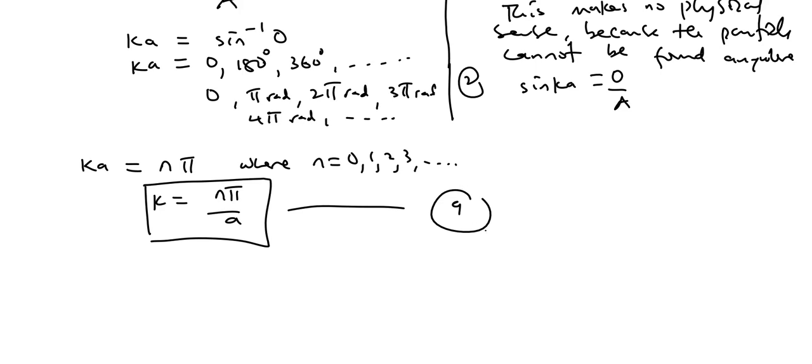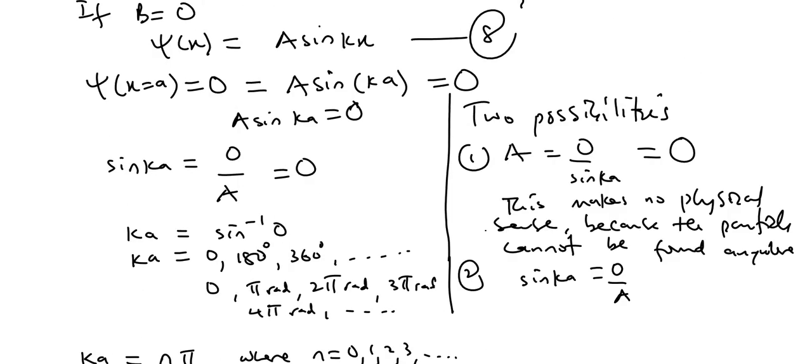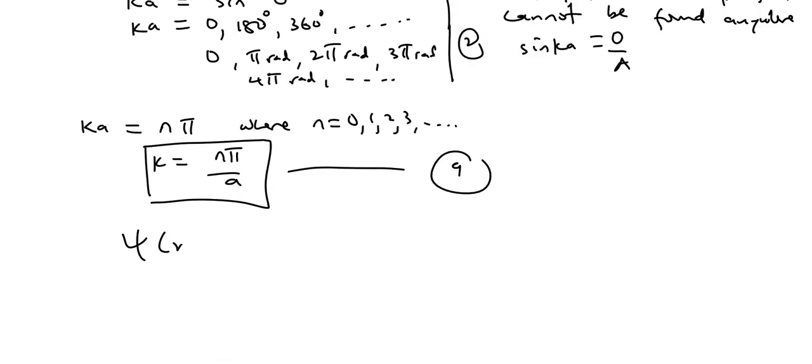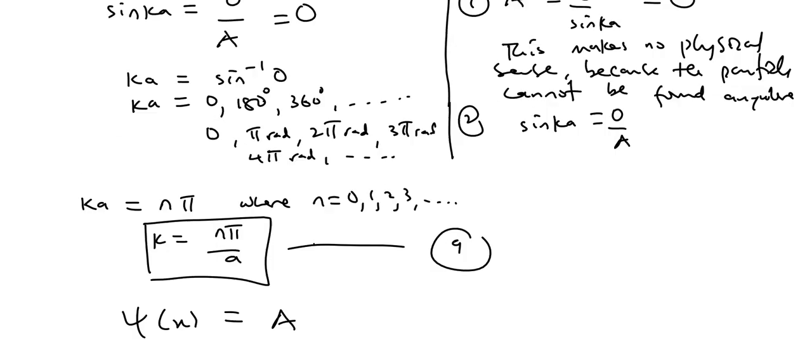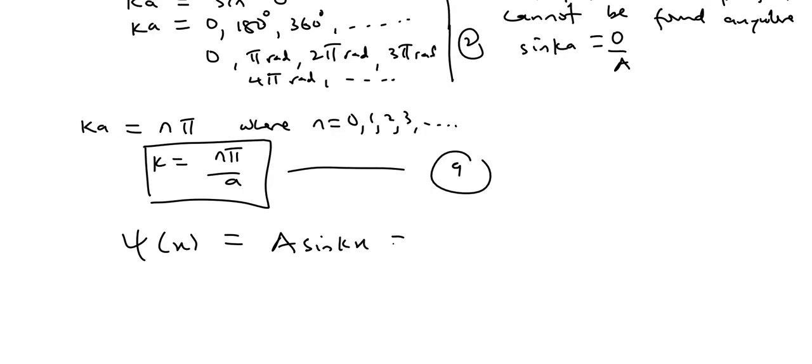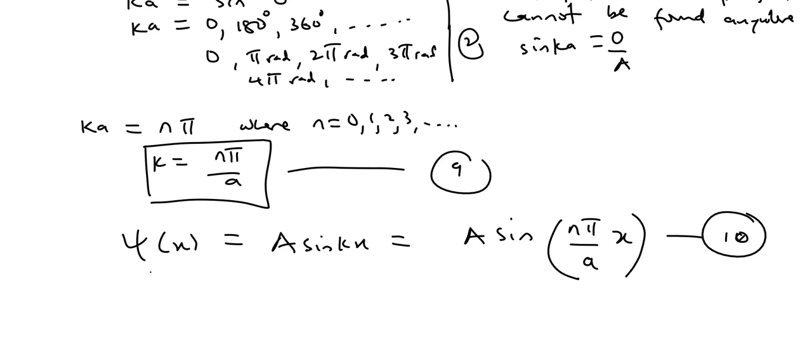So K equals n pi over A. Then from our equation 8, psi of x equals A sine kx, which can now be written as A sine of n pi over A multiplied by x. So this is our wave function. Therefore the wave function psi equals A sine n pi over A x.